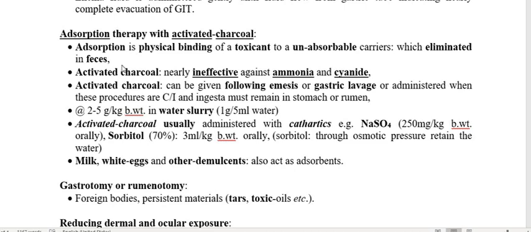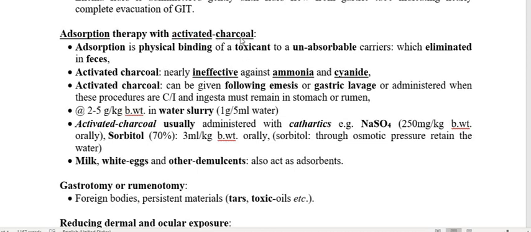This is called adsorption therapy, with an adsorbent like activated charcoal. So what is activated charcoal? It is an adsorbent, and the adsorbent adsorbs material from the surroundings.